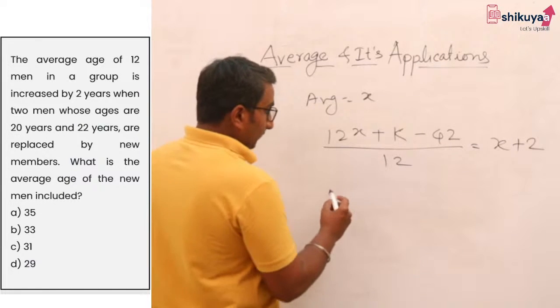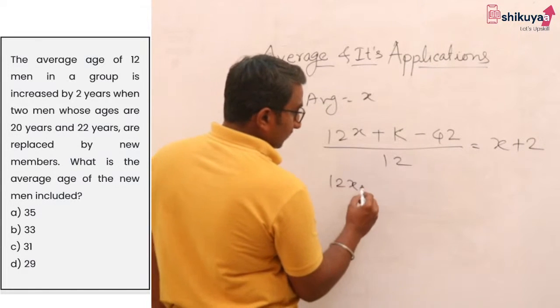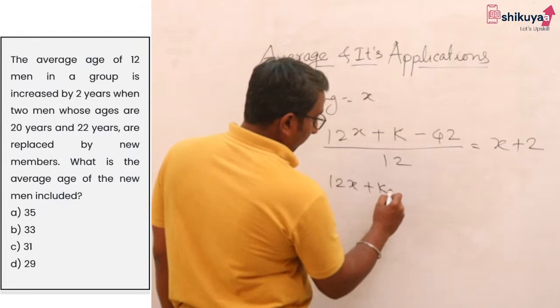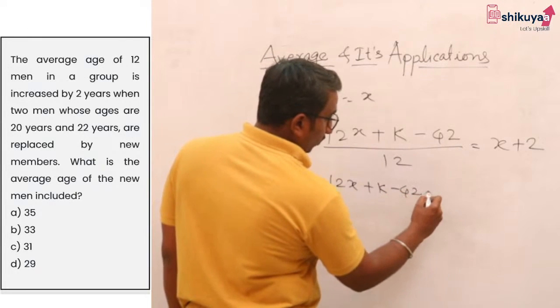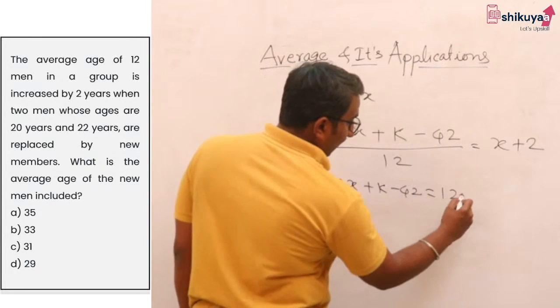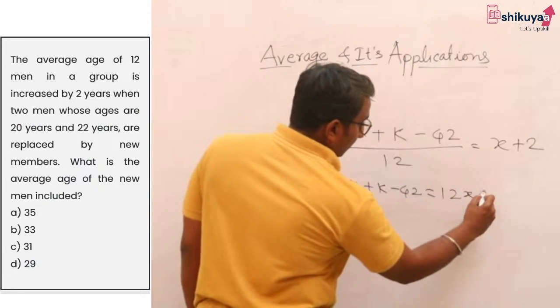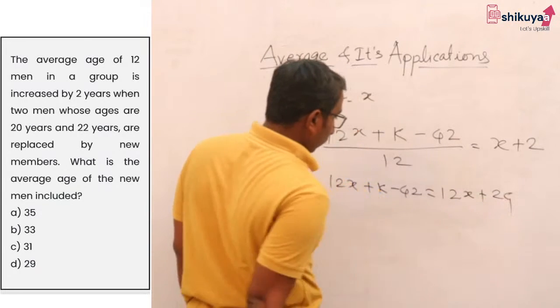So further, 12x plus k minus 42 is equal to 12x plus 24.